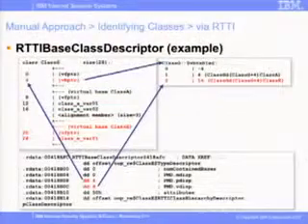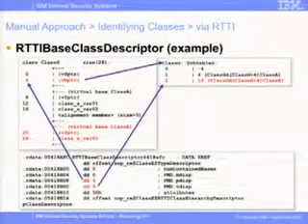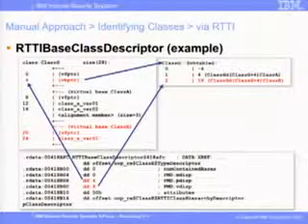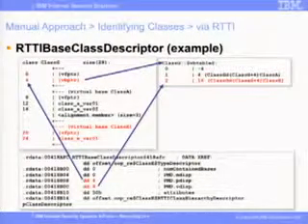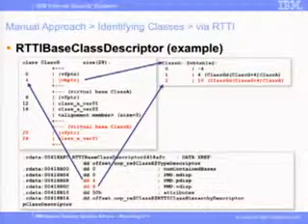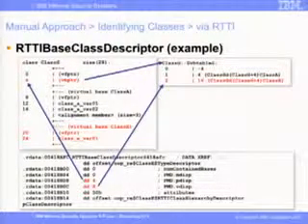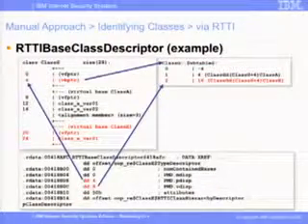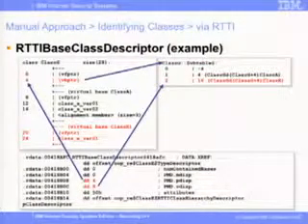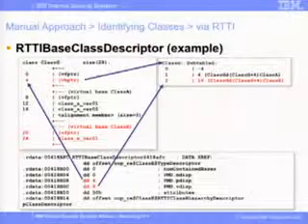The base class descriptor has this pdisp field, which contains the offset of the v table. So it points to 4, and then the VB pointer points to the VB table. So that is the VB table.